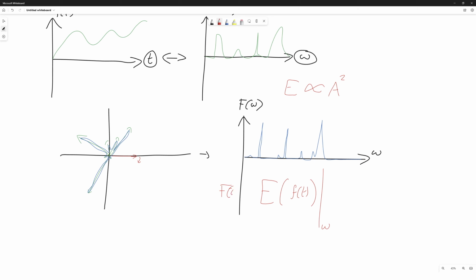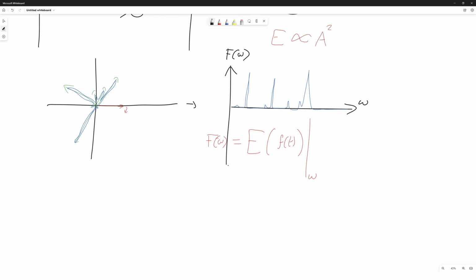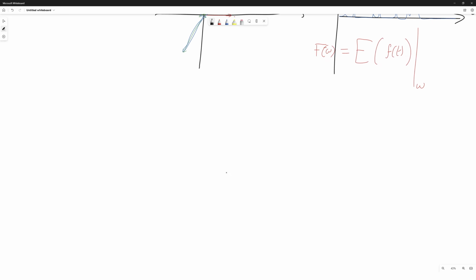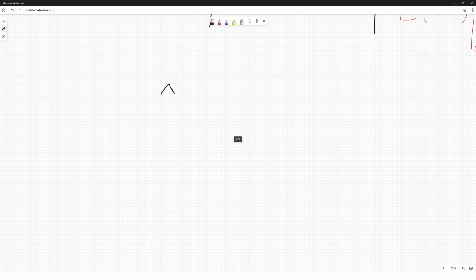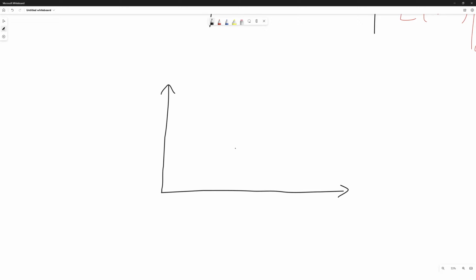What this f of omega, the Fourier transform, tells us is it allows us to see the spread of energy over the frequencies. And now, with that in mind, let's move on to a distribution called the Dirac Delta function.